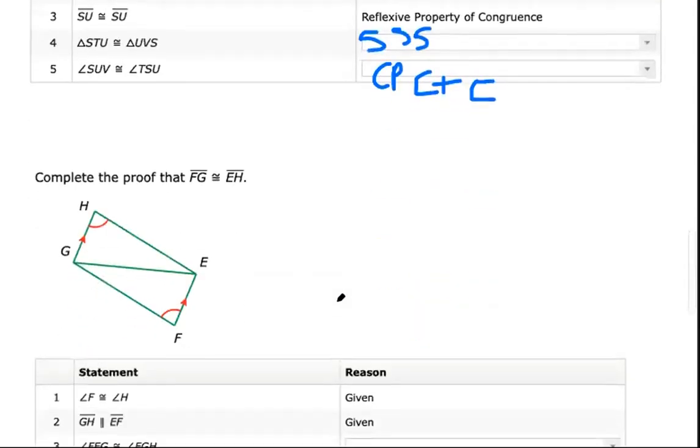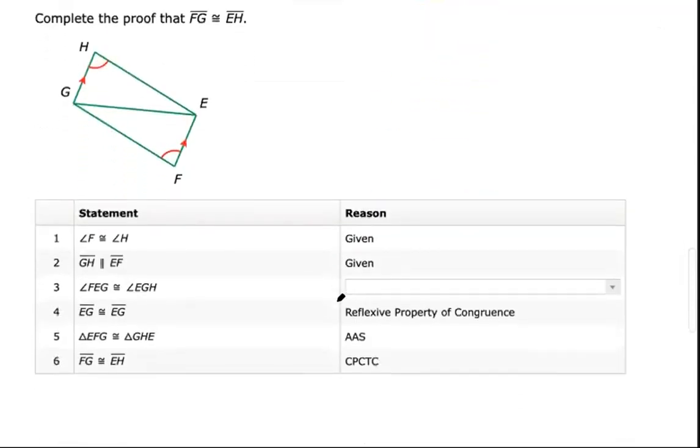All right, so the next one, complete the proof. FG is on this side right there, is going to be congruent to EH. And they actually give us most of it, and I just have to solve for that one side. So F and H, those angles are going to be congruent. That's a given. So the red mark's already on there. GH and EF are going to be congruent right there.